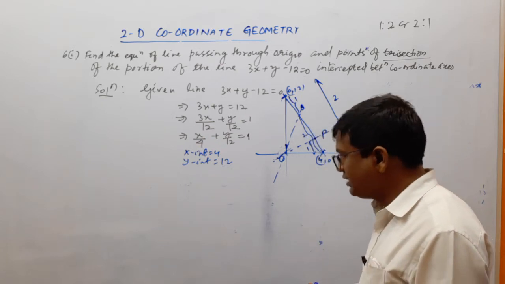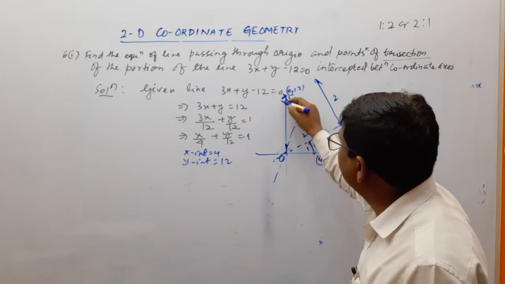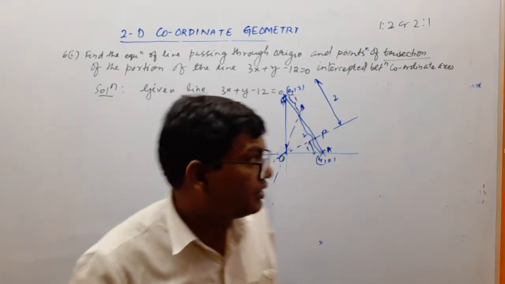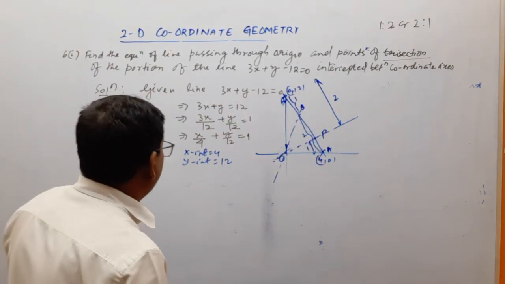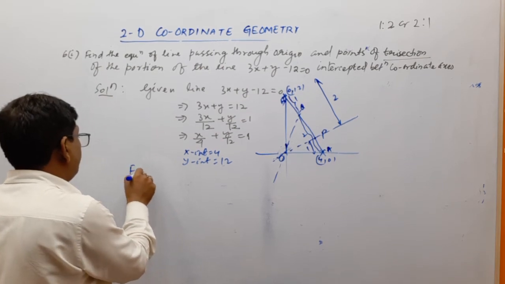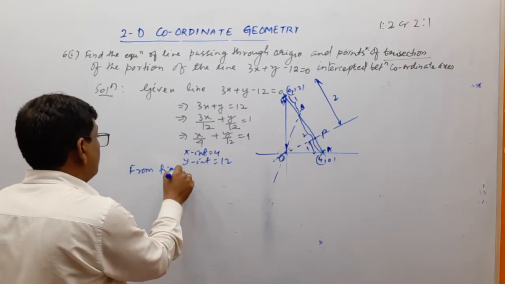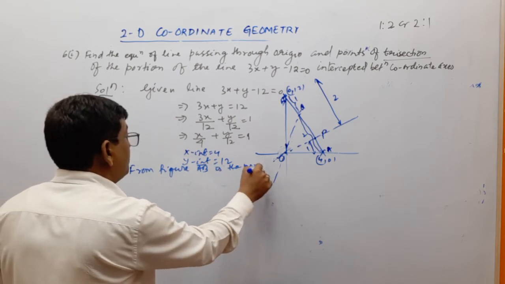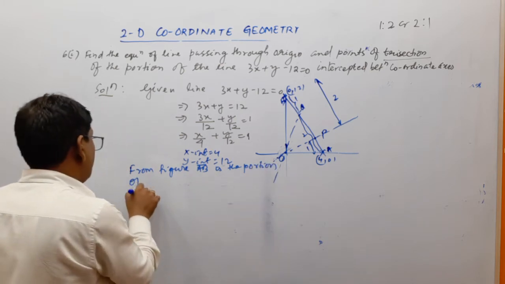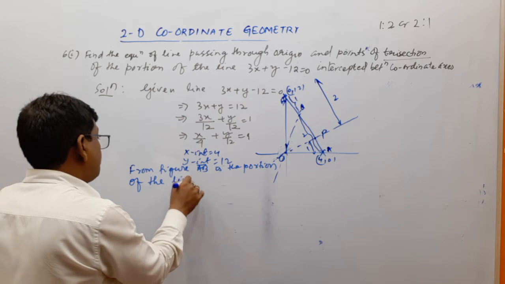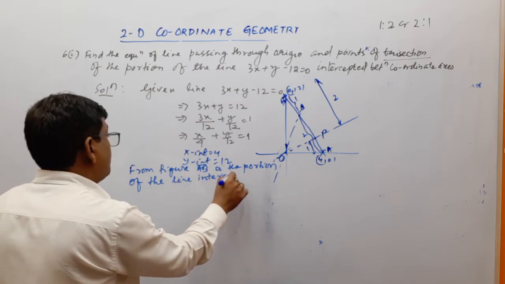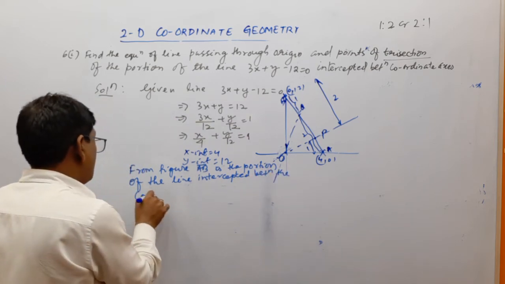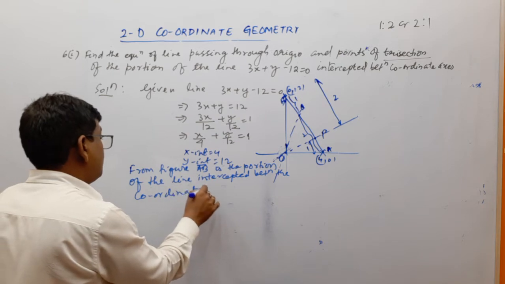Now suppose this is A and this is B. From the figure, AB is the portion of the line intercepted between the coordinate axes.